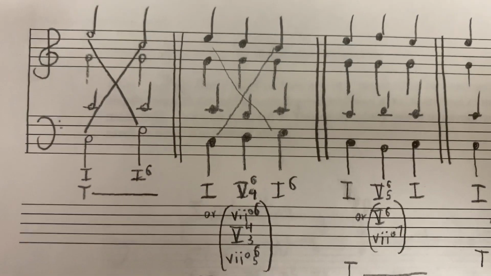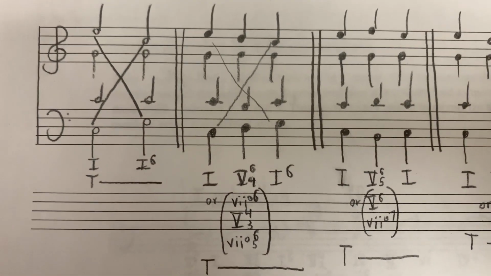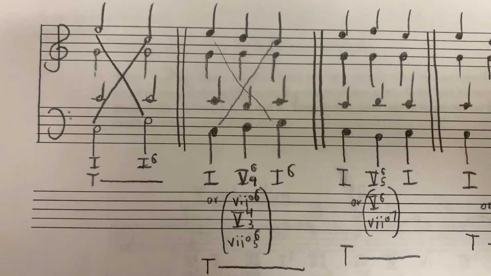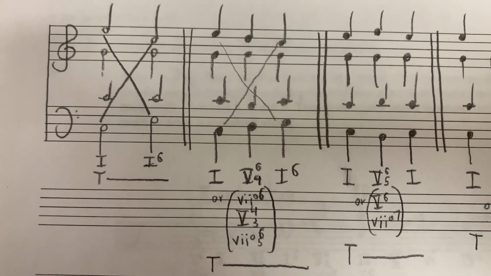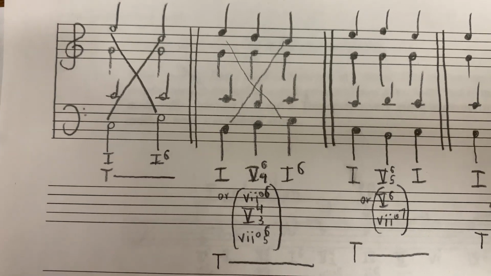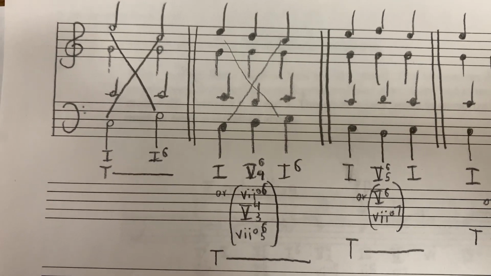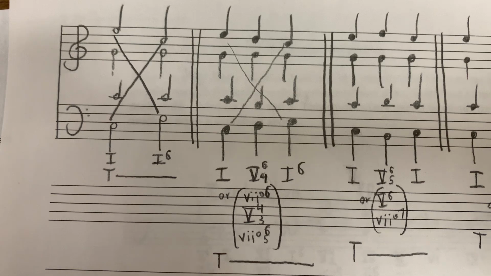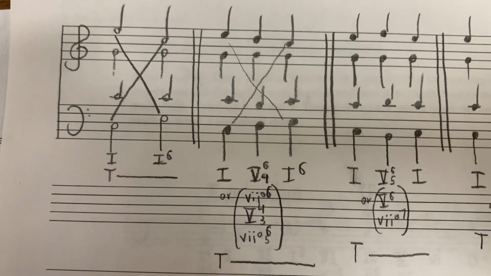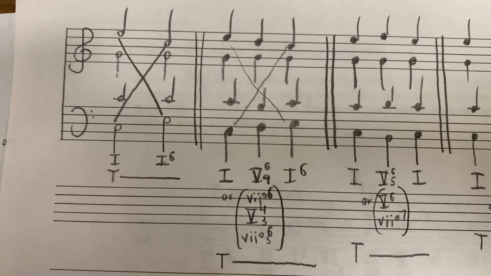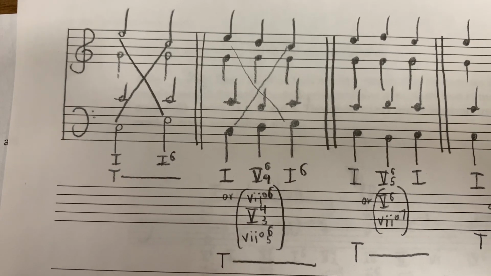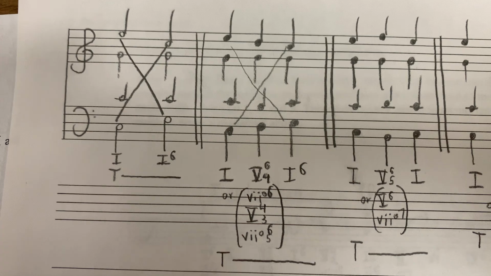This is the second example here. In this case, I'm going from 1 to 1/6, and I still have the voice exchange, but there's an intervening passing chord in between. Notice how it has scale degree 2 in the bass. The bass goes do, re, mi, and the soprano goes mi, re, do. So both of the outer voice lines are passing, right?